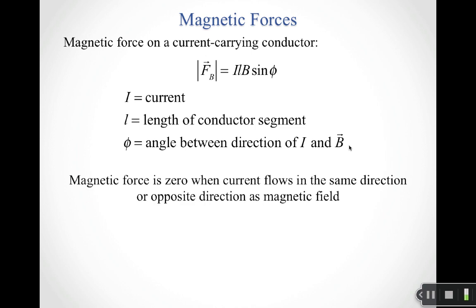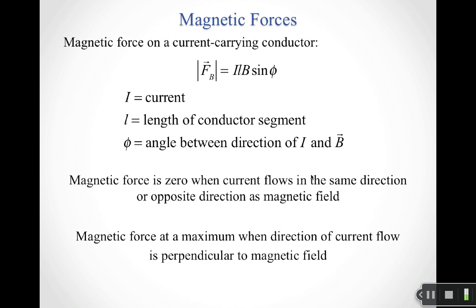So you'll notice that, again, this tells us that if the current is flowing along the same line as the magnetic field, that conductor won't feel a magnetic force. So that wire won't feel a magnetic force. If, on the other hand, that wire happens to be perpendicular to the magnetic field, so that the current flow is perpendicular to the magnetic field, then I'll have the maximum force that I can, and that's just going to be the magnitude of current times length of the wire times magnitude of the magnetic field.